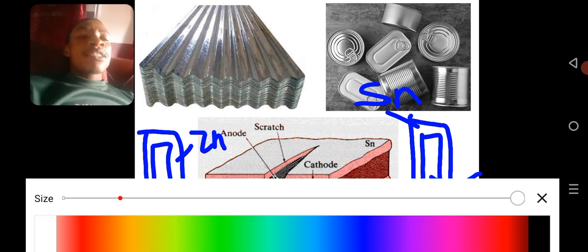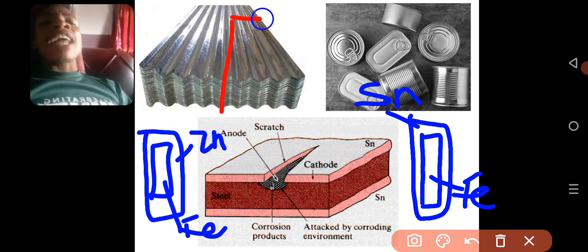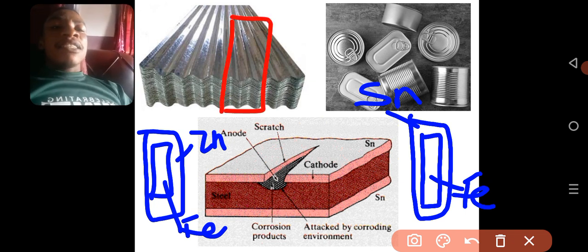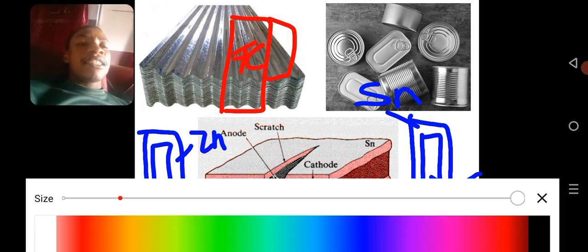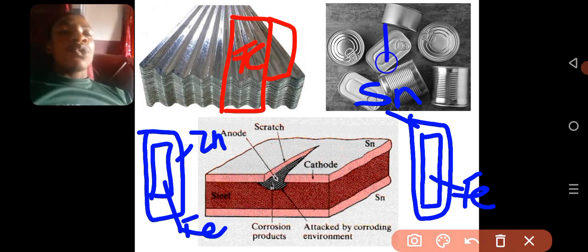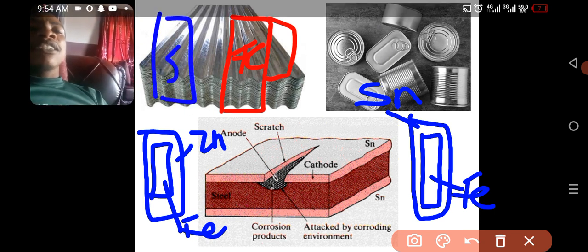What happens? Then it will be as if you are now attaching the zinc to the iron, and attaching the tin to the iron also. That's what you are going to be having.